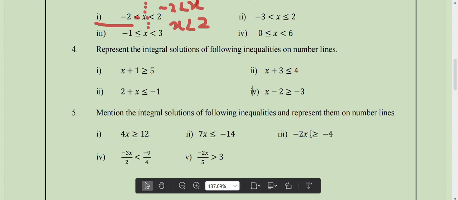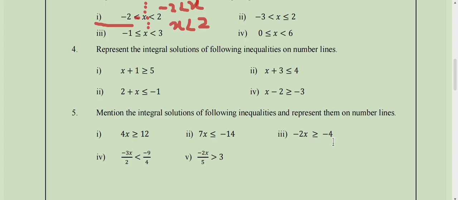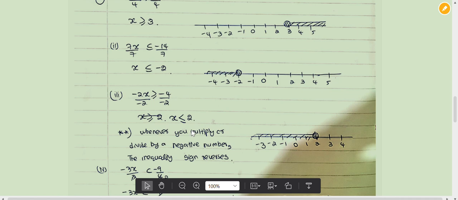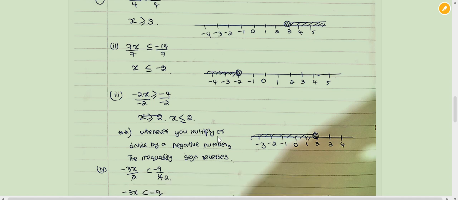Minus 2x is greater than or equal to minus 4. Now you should know a very important point, and remember this point. When you multiply or divide by a negative number, not addition or subtraction, the inequality sign reverses.